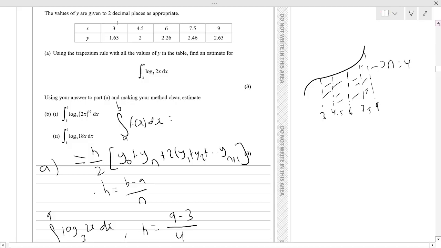However, another way, if you don't want to be too geometric, is to look at the formula. Y0 is the initial value, which is 1.63. So we start at y0, the initial point. Then that would be y1, y2, y3, and then y4. Now n is the last point, which is the end point 2.63.